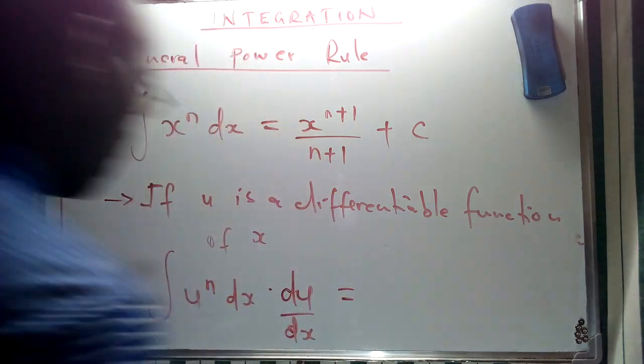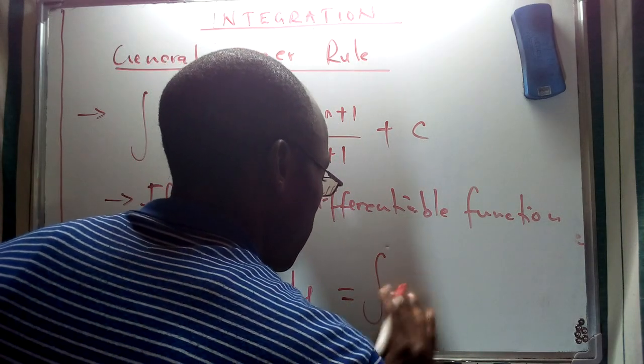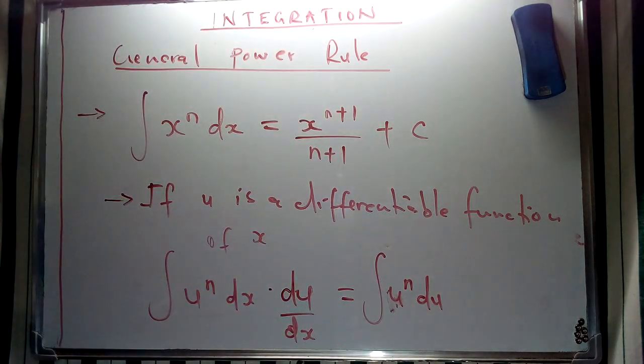So this is going to give us a general expression whereby we're going to have the integral of u^n du. And from this one, we can use the expression for the simple power rule in order to find this specific integral.